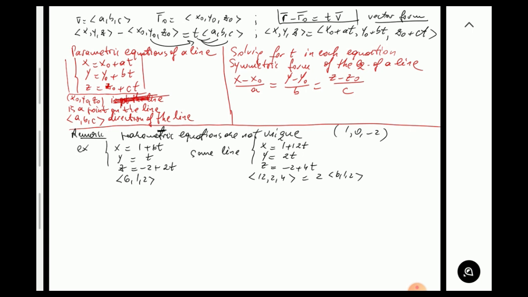The difference is that, of course, for the same point, you get different parameters. So for example, if you plug in t equals 1, you get the point 7, 1, 0. But the same point is obtained if you use the second version of the equation for t equals 1 over 2. So same point, different parameter values.